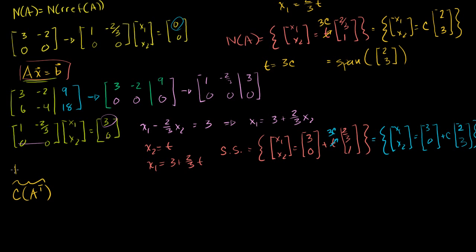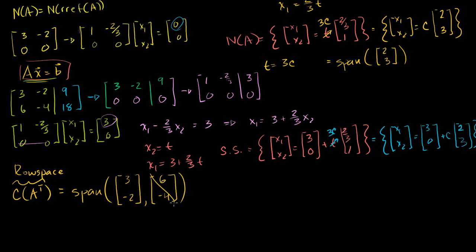This is equal to the span of the row vectors of A. So we have 3, -2, and we have 6, -4. But this guy is just 2 times that vector, so we could just ignore it. So it's just the span of the vector 3, -2.